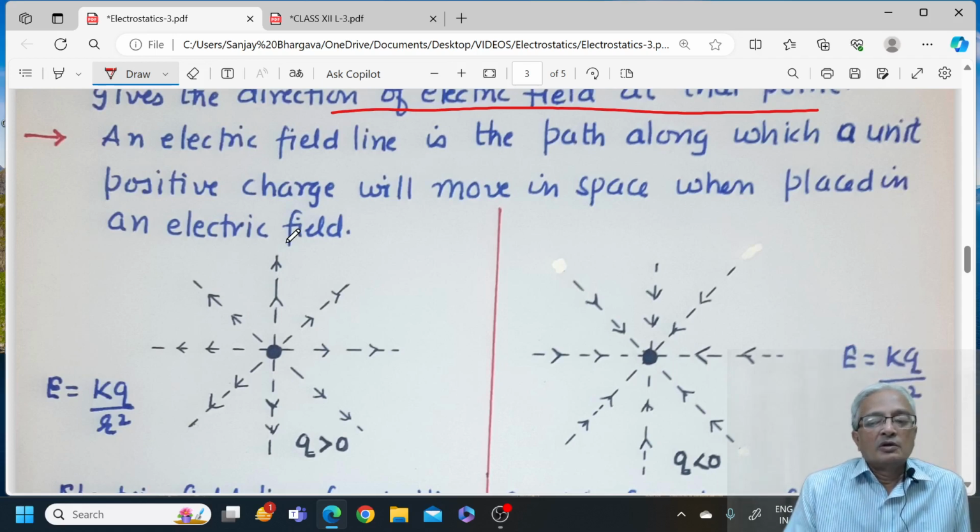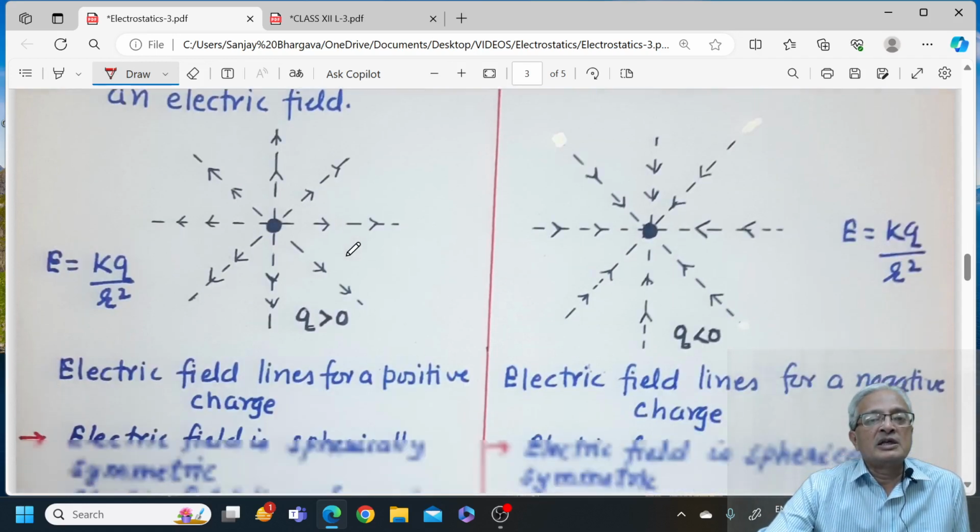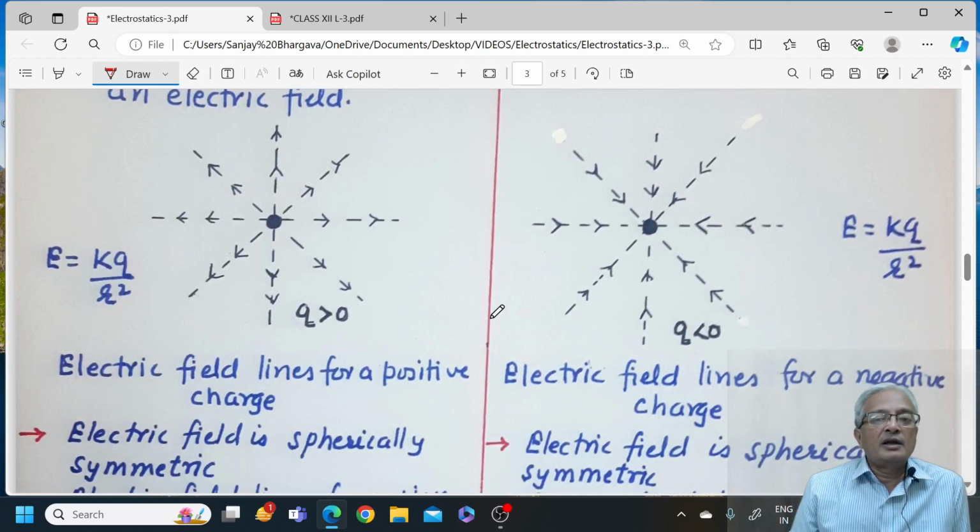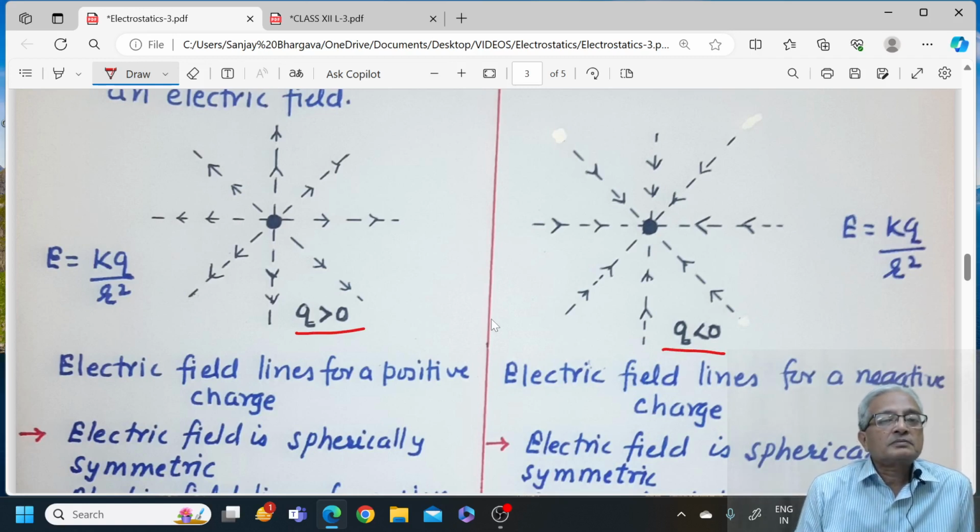Now we have two types of charges here, a positive charge and a negative charge. Now what happens if I place a test charge here? It would be repelled in the outward direction. So this would represent the field line. So all the field lines are radially outward for a positive charge, while for a negative charge they are all radially inwards.